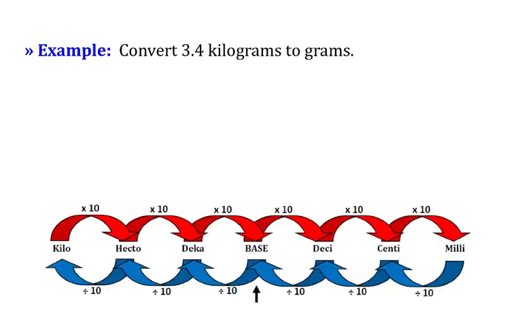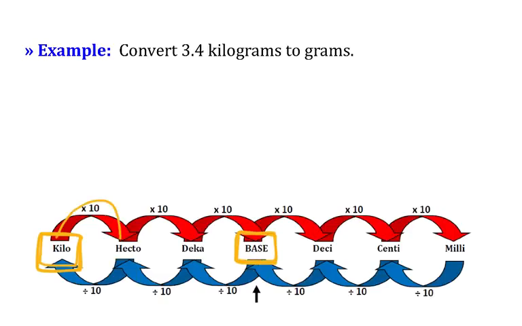One more example just to show a conversion involving weight. Now we have kilograms. We're at our unit of kilograms, and we're going back to our base unit for weight, which is grams.